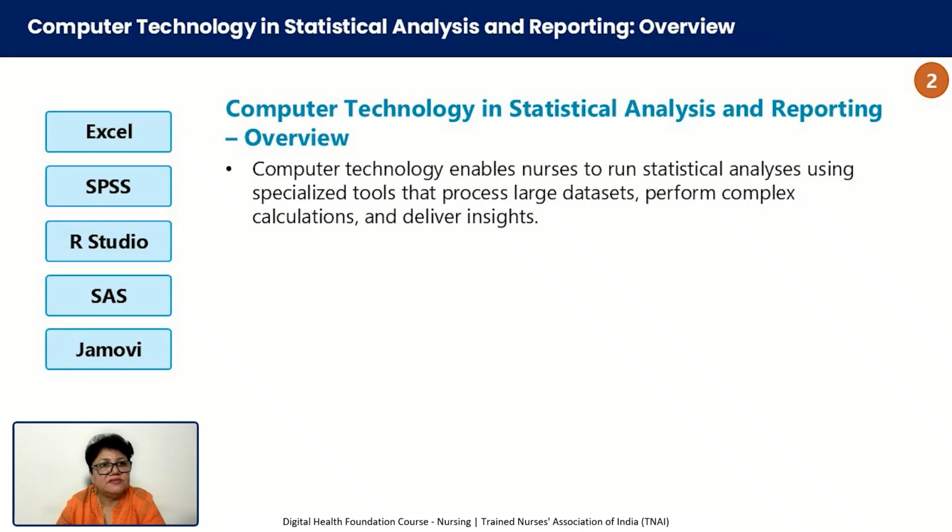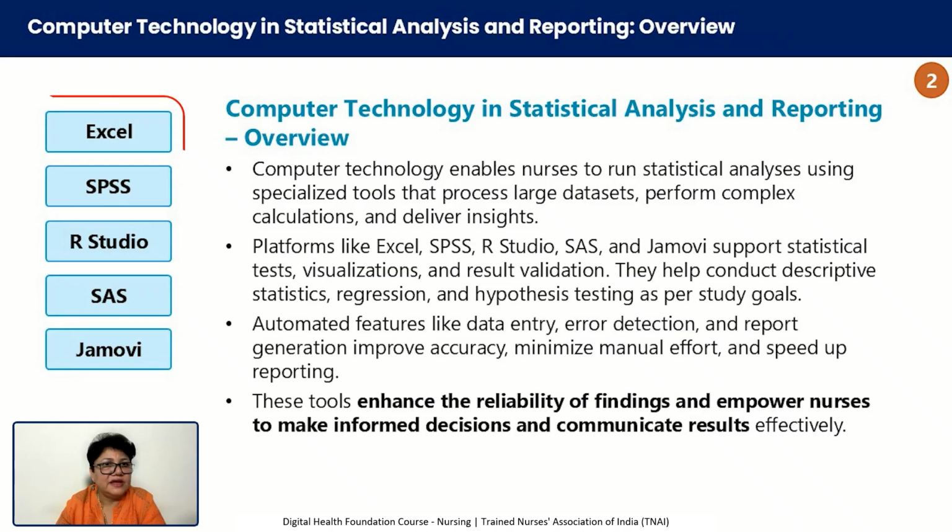As you can see, the five most important ones are listed on the slide: Excel, SPSS, RStudio, SAS, and Jamovi. In modern nursing research, this will ultimately help the reliability of the findings and empower the nurses to make informed, evidence-based decisions, and more importantly, to communicate these results clearly and effectively.